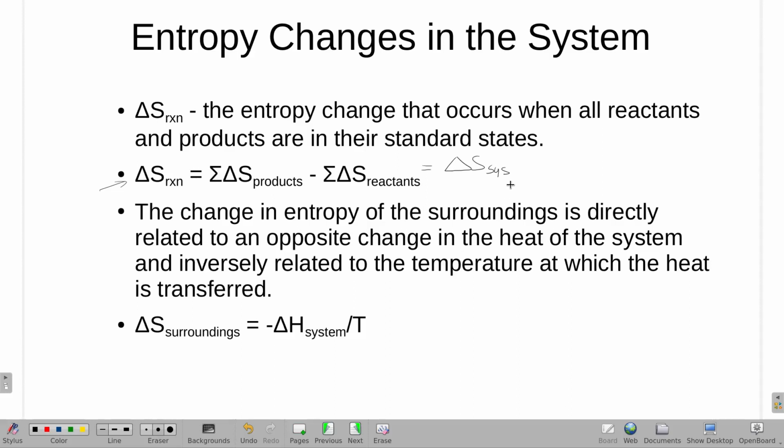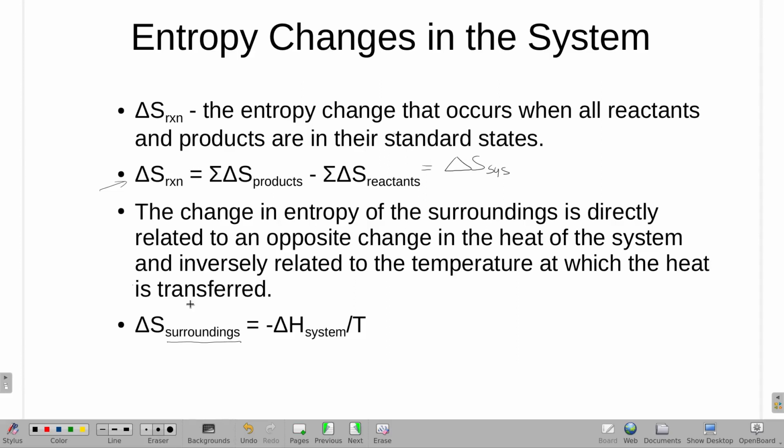So there is a delta S of the surroundings, but it doesn't have anything to do with the delta S of the reaction. This is just the chaos in the container. That's how the molecules are moving around more excitedly or more rapidly, or just flat out more disorder.